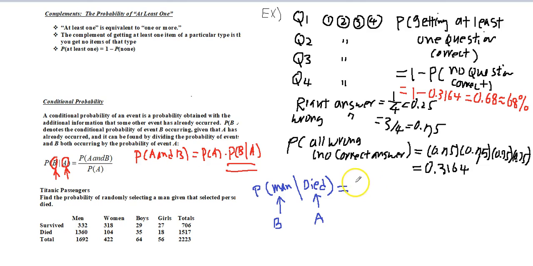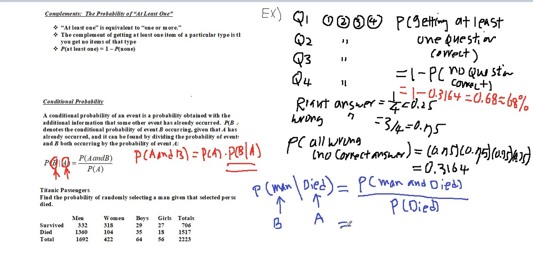So I'm going to write that here. You got probability of man and died. Then we are going to divide this by the probability of A, in this case, died.